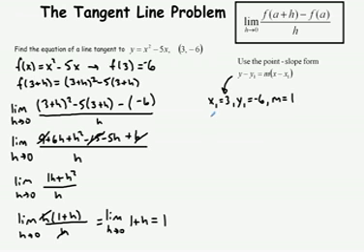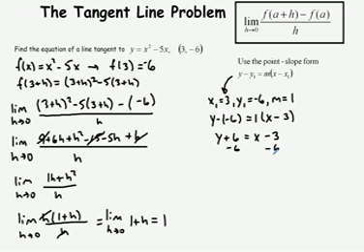On the other side of that equation, we would write the following. y minus y1, which we now know to be negative 6, is equal to the slope 1 times the variable x minus the value x sub 1, that's 3. And we're going to simplify this down. This is the same thing as y plus 6 equals 1 times x minus 1 times 3. We subtract 6 from both sides, and we get the equation of our tangent line, which is going to be 1 times x minus 9.